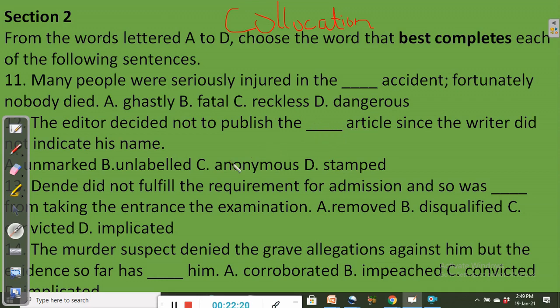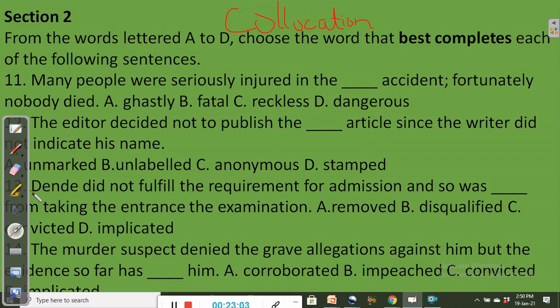And the word that we fit in here is option C, which is anonymous. You know, in some radio programs, people call in, and when they don't want to mention their name for one reason or the other, they request to remain anonymous. So they become anonymous callers. And somebody who has written an article and refused to indicate his or her name has decided, probably deliberately, to remain an anonymous writer. So that is the option, anonymous.